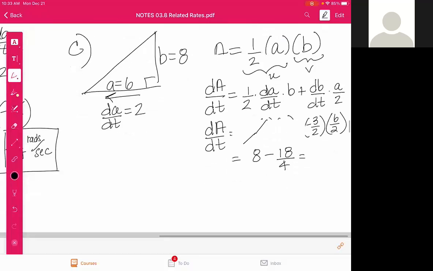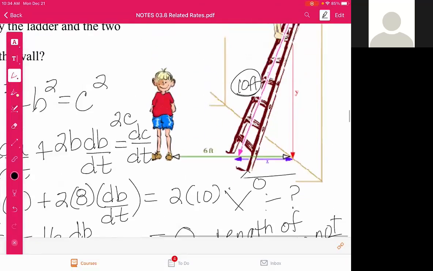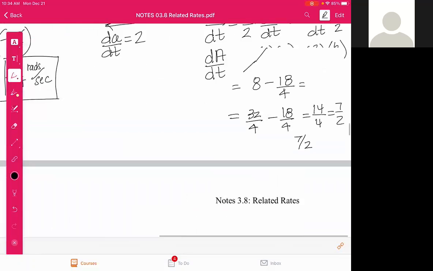So this would be 32 over 4 minus 18 over 4. 14 over 4, I think, which is 7/2. Okay. Now, that's area. So that is going to be in feet squared per second.